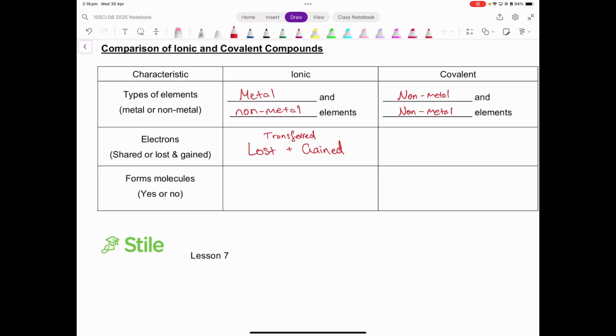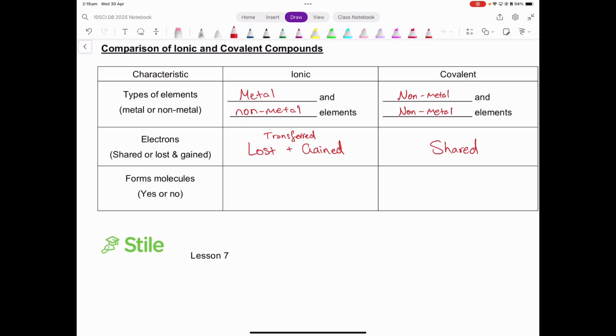The second word, when it comes to covalent molecules, we said that they play a little bit nicer together and that they share their electrons. So the electrons in covalent molecules are shared. Now, here's our important definition. Do ionic compounds form molecules? And the answer is going to be no.